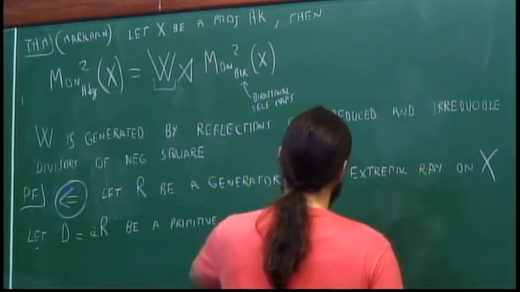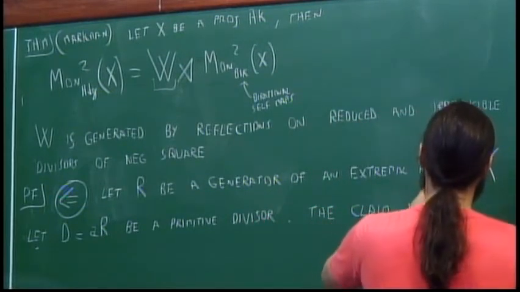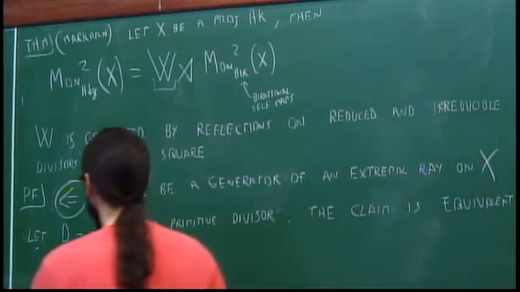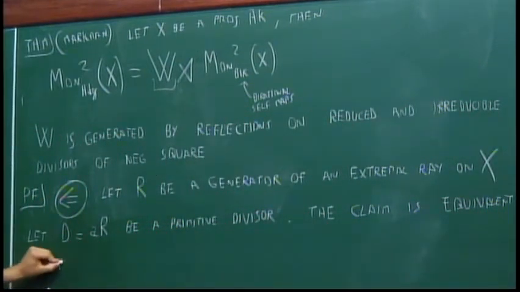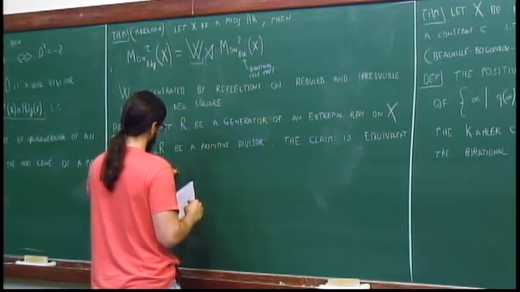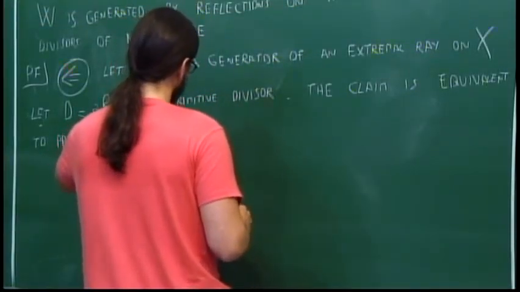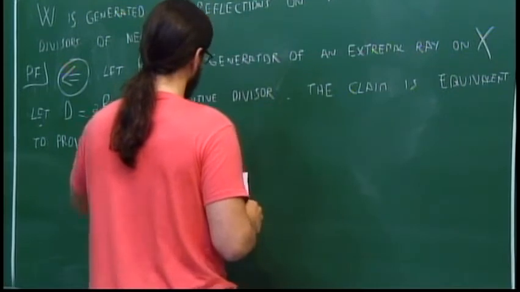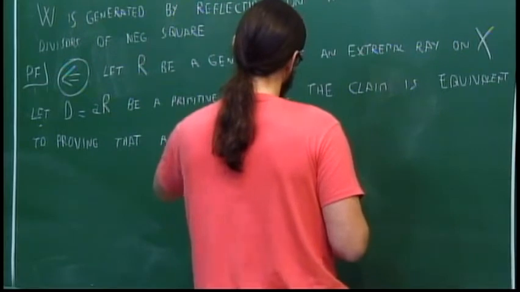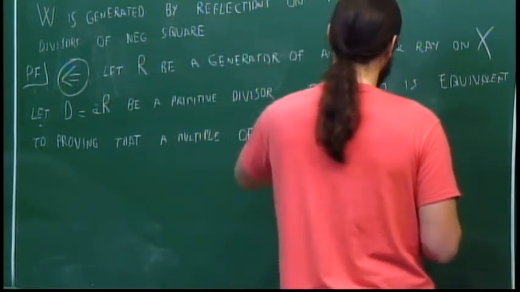So the claim is equivalent to proving that a multiple of g of R is an effective curve.